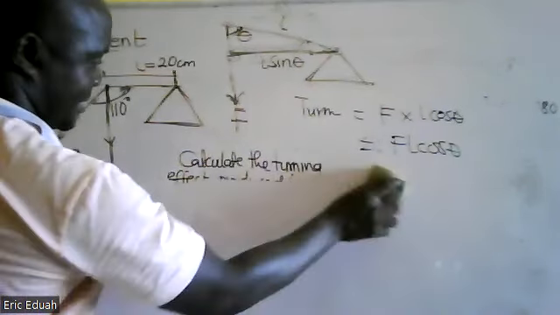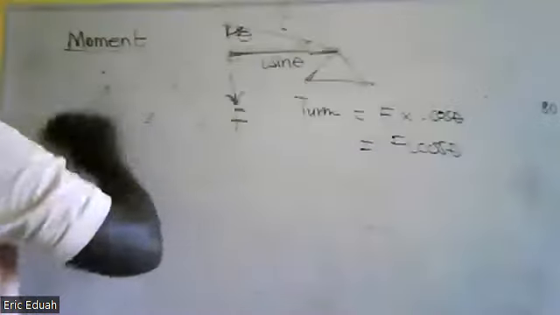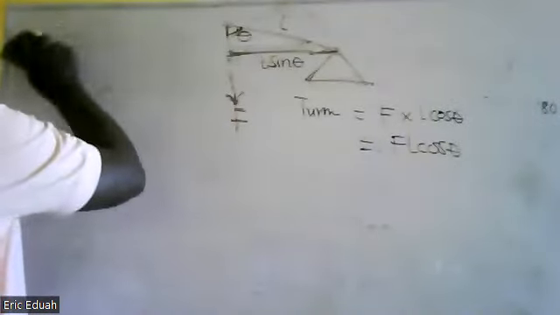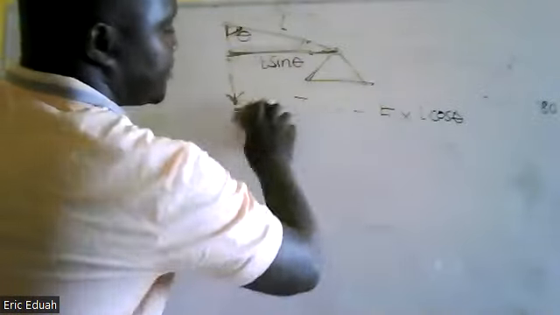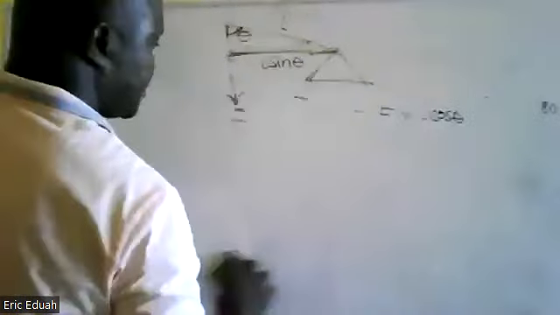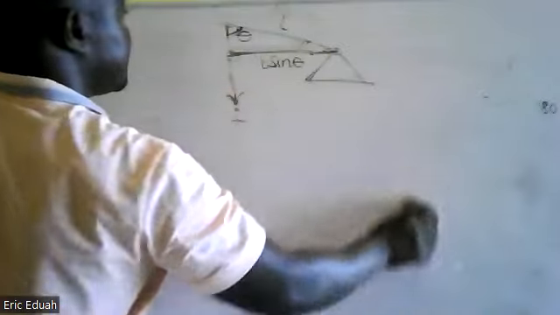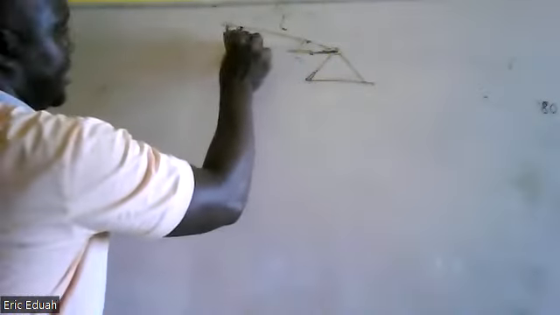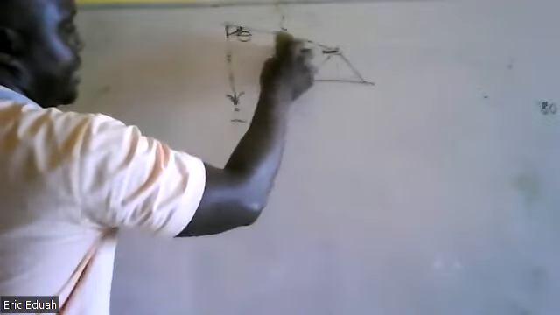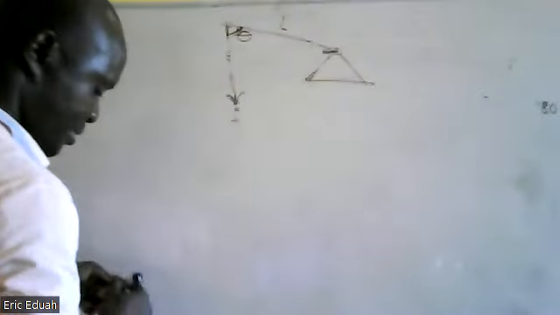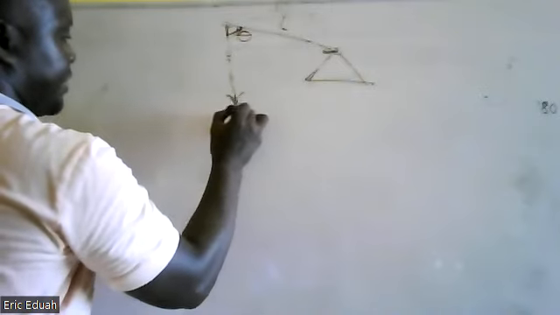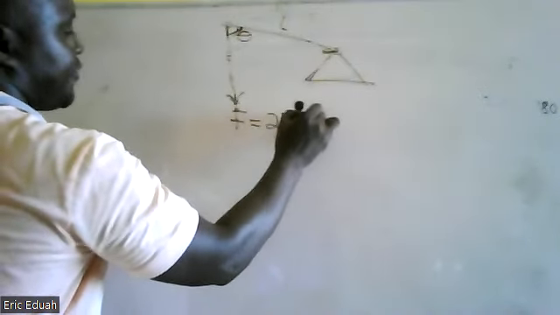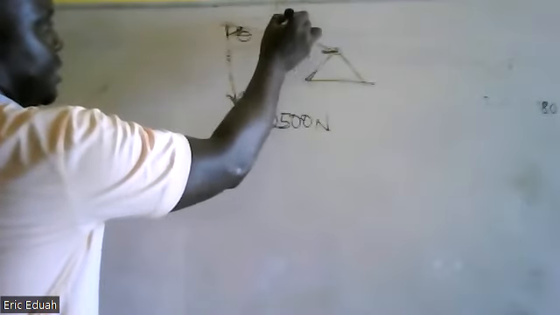Principles of movement. Let me quickly give you an example here. F is equal to 2,500 Newton.